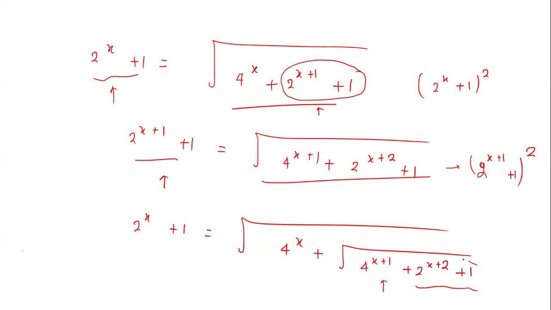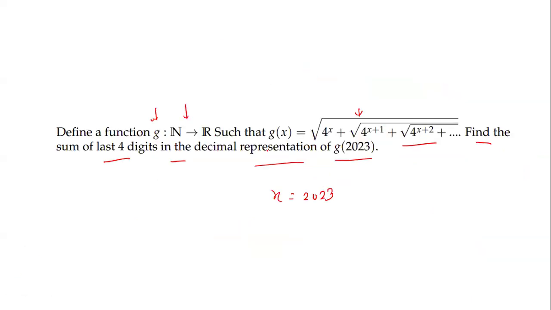And similarly, you can write this in the square root form, and you can again write this. So this is a recursion, and it keeps happening. You can do this recursion infinitely, and if you do that repeatedly, you get this form.